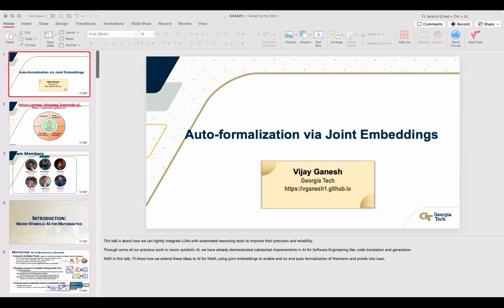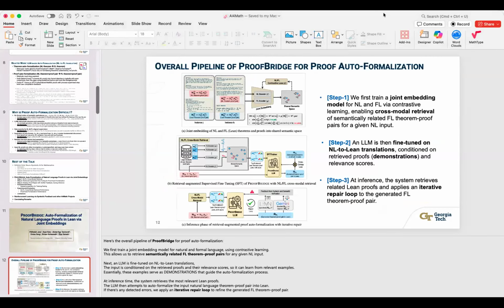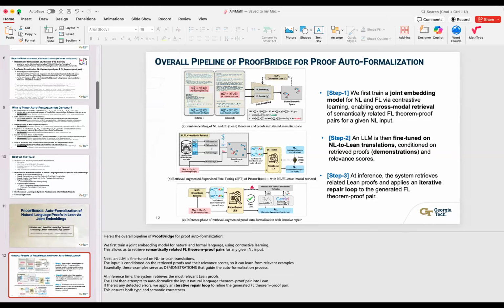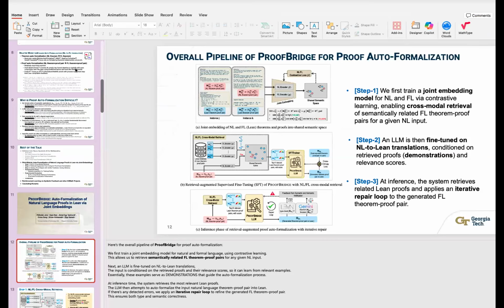On the screen that you shared on Zoom, I think only the first slide is showing. Can you change that? Wow, that's strange. Is it better now?